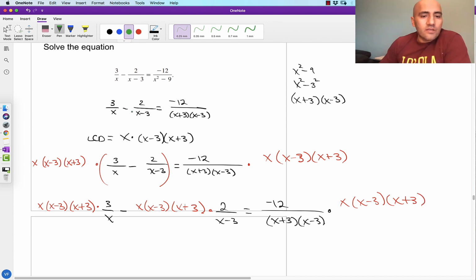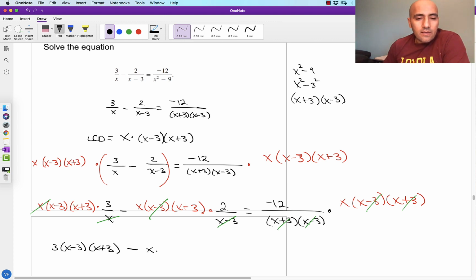Good. So now a bunch of stuff will reduce. This x reduces with that one, and then this one reduces with that one, and then both of these cancel with both of those. So after all that cancellation, what remains is this product times a 3, so I'll get a 3 times x minus 3 times x plus 3, and then minus x times x plus 3 times 2 equals negative 12 times x.